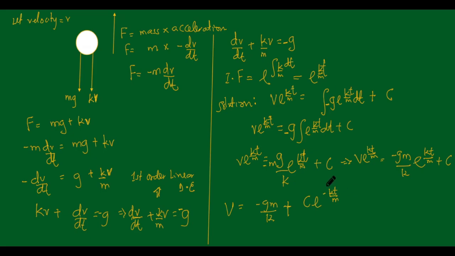But this is just the first part that we have discussed. We still need to find the distance covered. So before we proceed, we're told that at t is equal to 0, v is equal to v naught. So we can substitute this into v is equal to minus gm over k plus c e raised to power minus kt over m.